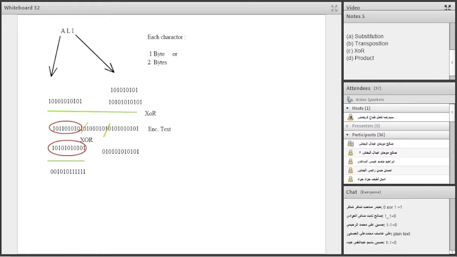And this one is A. So this is the method. We call it one-time pad. It means that each time, or at one time, you apply XOR on the bits of the text and you get a result. Okay?